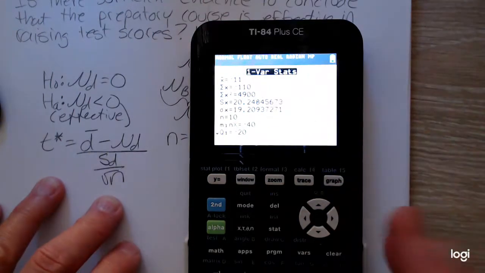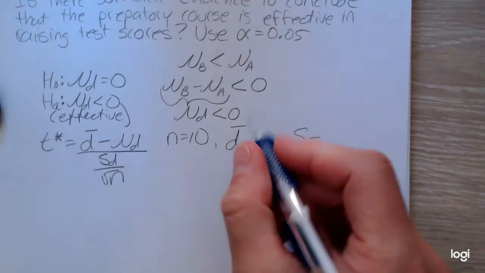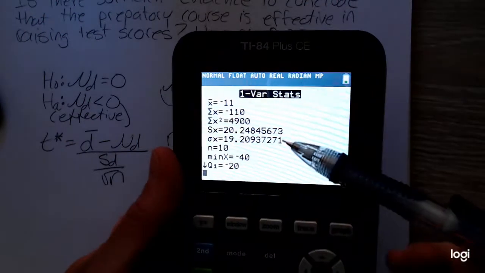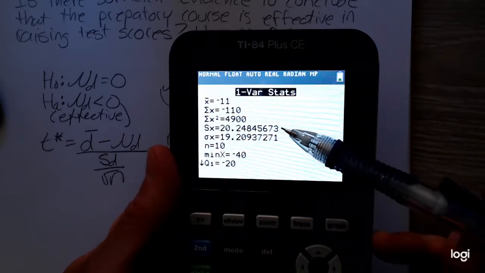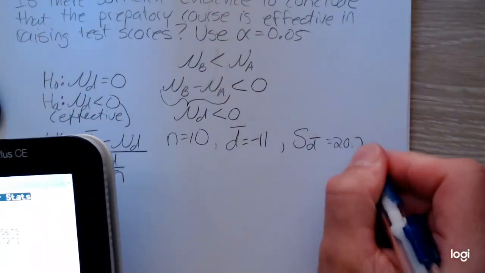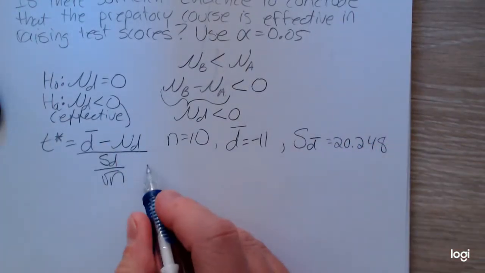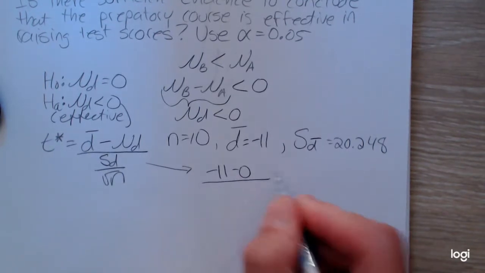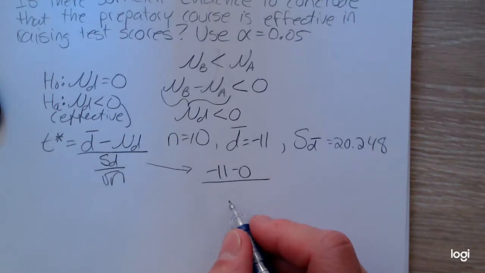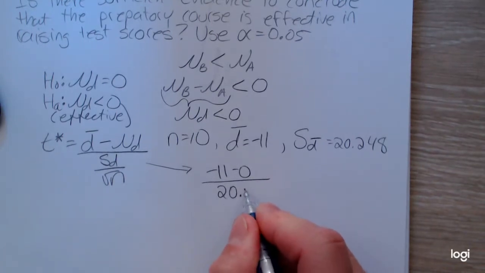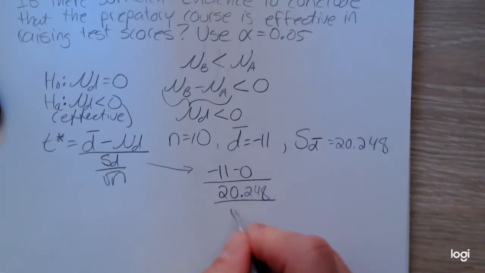D bar will be -11, and s sub d is the sample standard deviation for that column, and that's going to be 20.248. So inputting into this formula, I'll have -11 minus 0, so this is going to be a negative standardized test statistic, over 20.248 over the square root of 10.